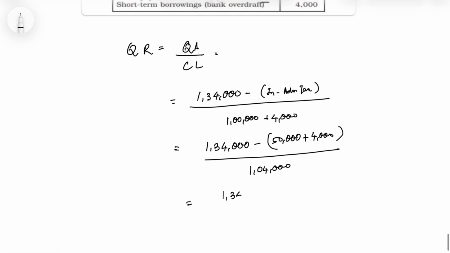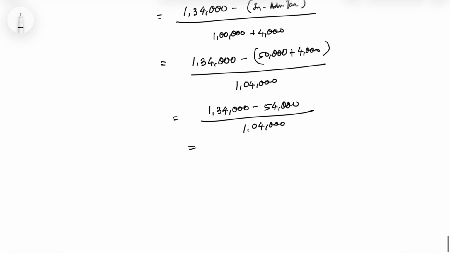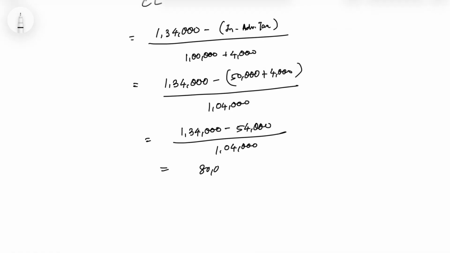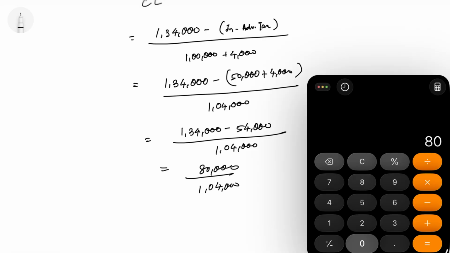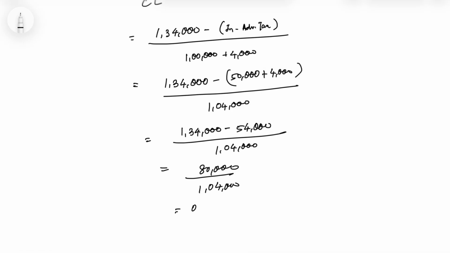So 1 lakh 34,000 minus 54,000 is 80,000, divided by 1 lakh 4,000. So 0.77 is to 1.